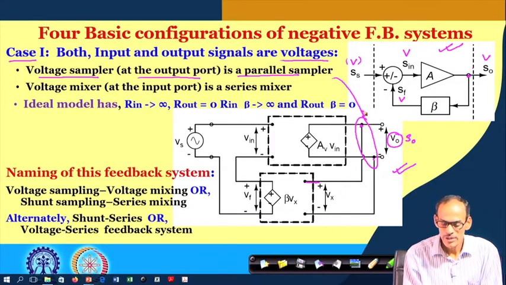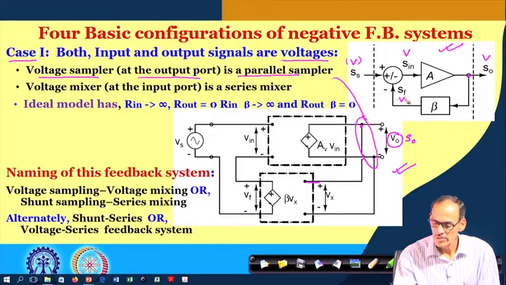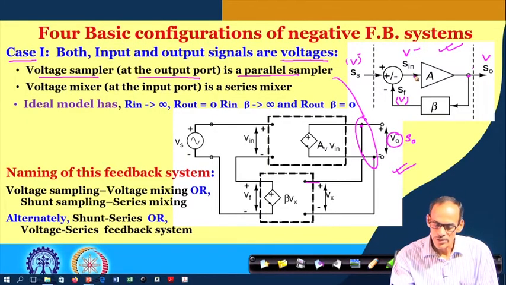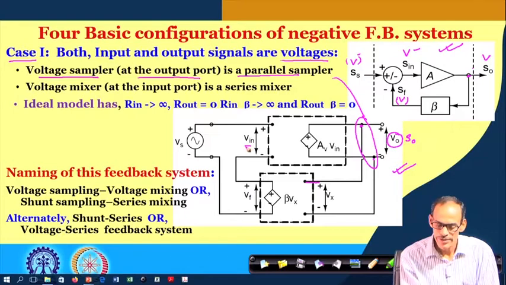On the other hand, if you see the signals here, they are voltages. So, our intention is to use these two voltages to generate this S in or V in. So, this is S in and this is S s, in the form of voltage, and this is S f. So, this signal and this signal we are mixing together to generate a voltage here, if you consider this loop.